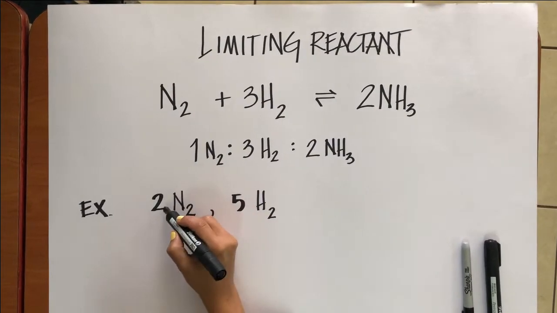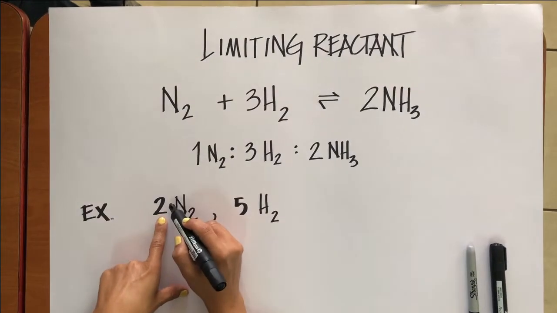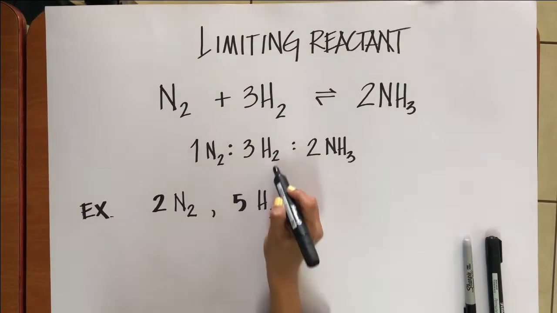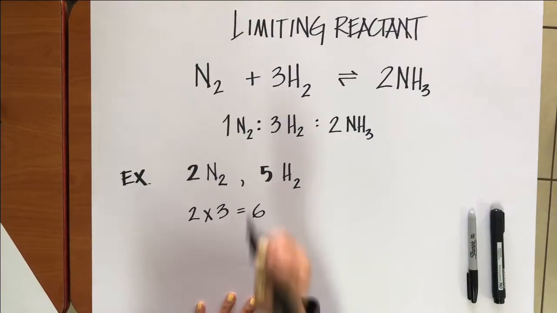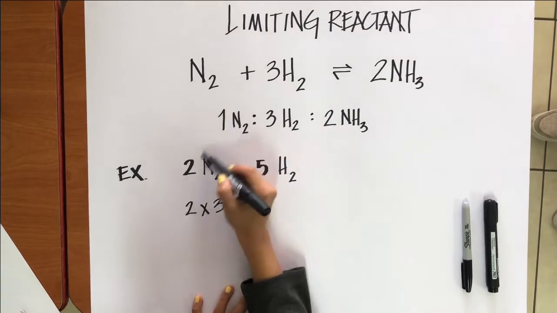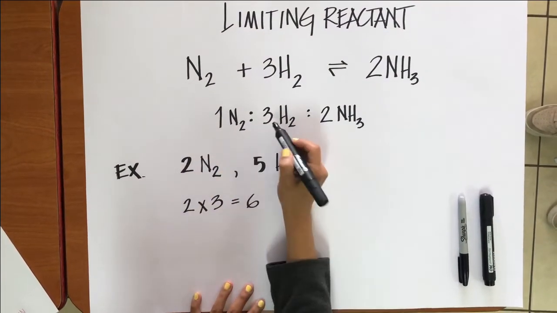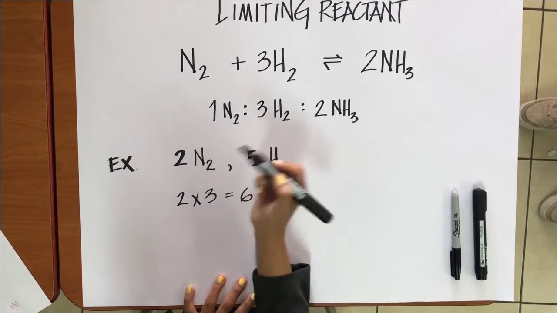So if I have 2 molecules of nitrogen gas, that means that I need to have double that amount of hydrogen gas. Because we don't have 1 but twice that amount, we're going to multiply this times 2 as well.